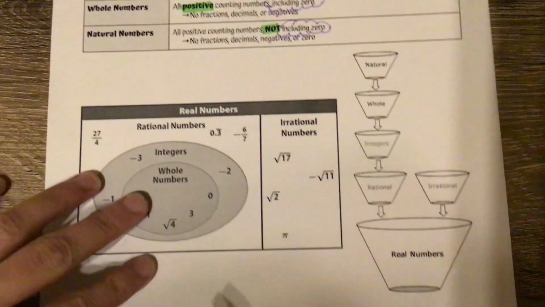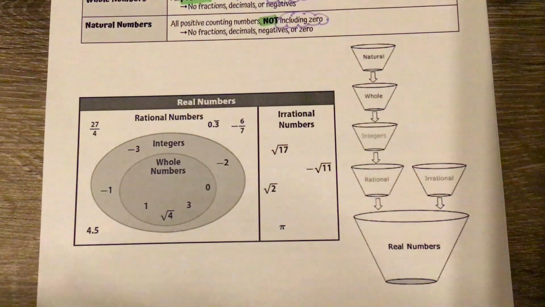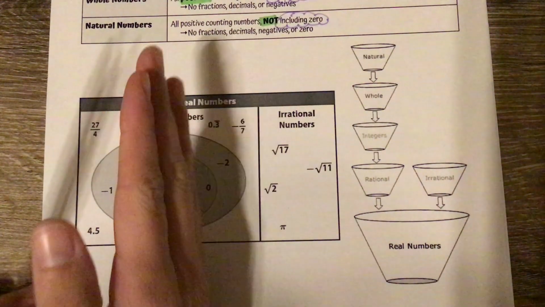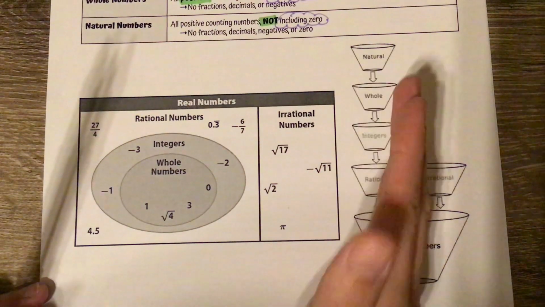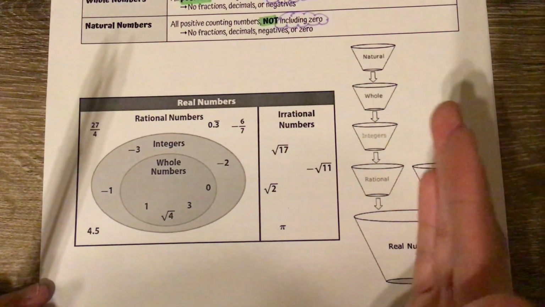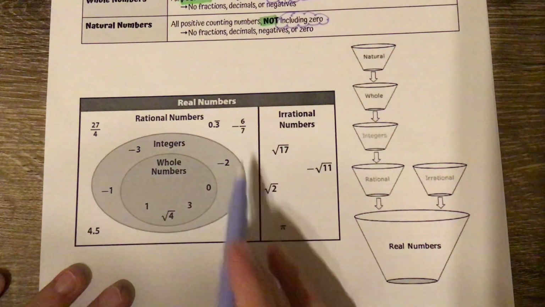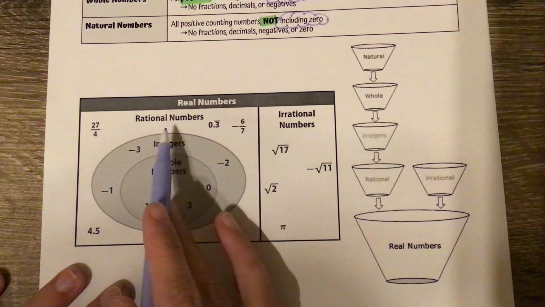So you can kind of look at these charts, and it's like when you think of rectangles or squares or parallelograms. Every square is a rectangle, but not every rectangle is a square. Or every square is a parallelogram, but not every parallelogram is a square. So it's kind of categorized that same way. So in this chart here, they're either irrational or rational.